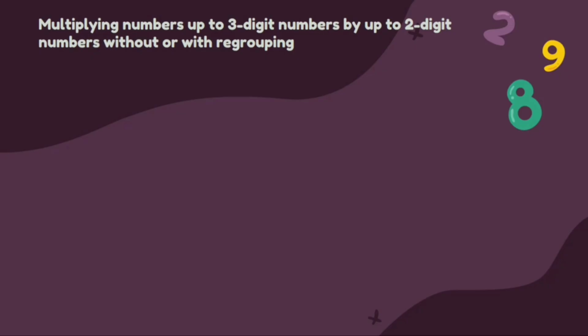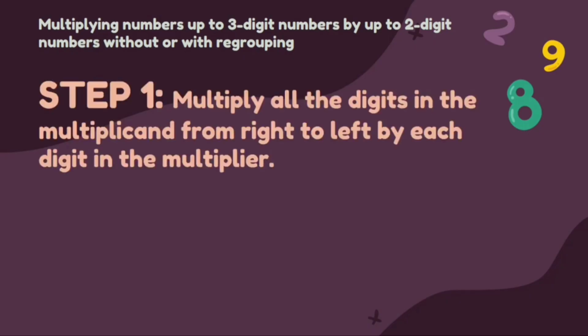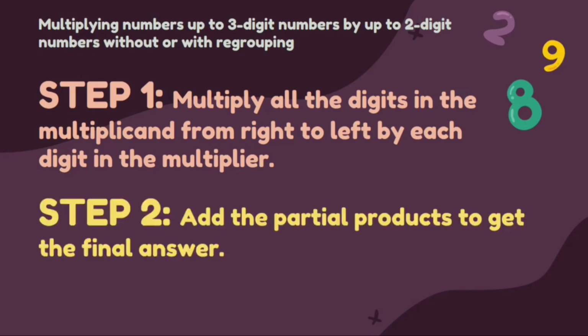In multiplying numbers up to 3-digit numbers by up to 2-digit numbers without or with regrouping, we have steps to follow. Step number 1. Multiply all the digits in the multiplicand from right to left by each digit in the multiplier. Step number 2. Add the partial products to get the final answer.